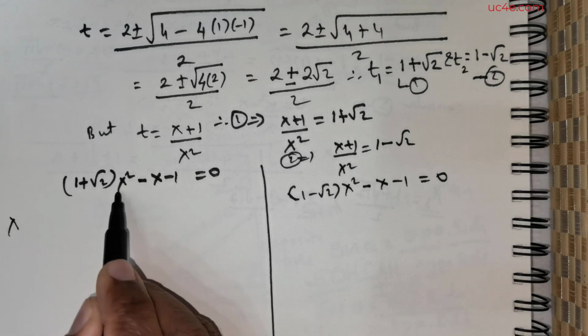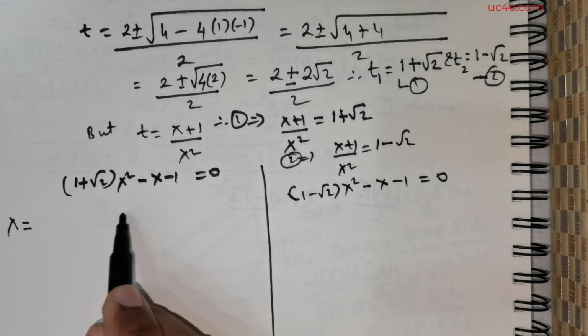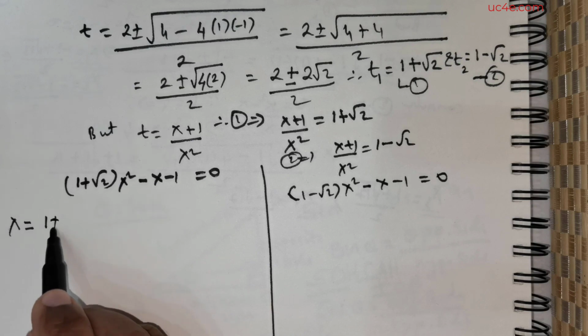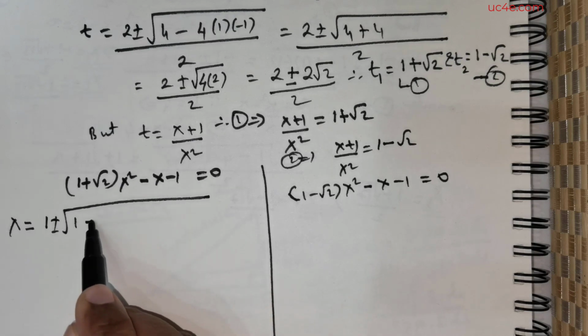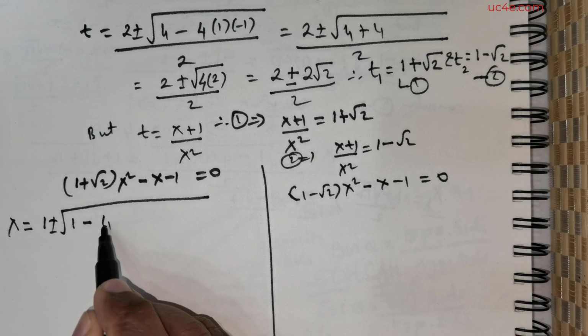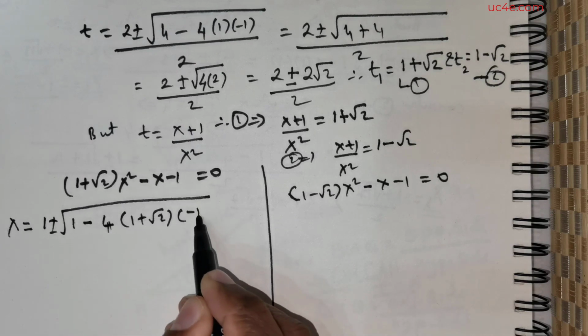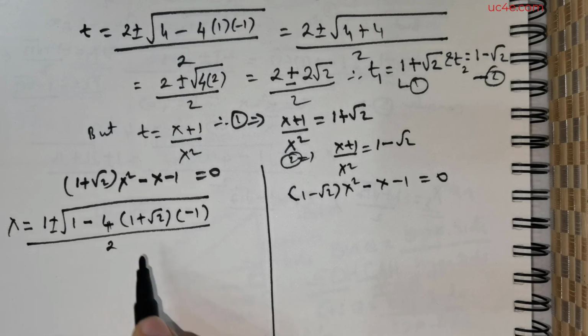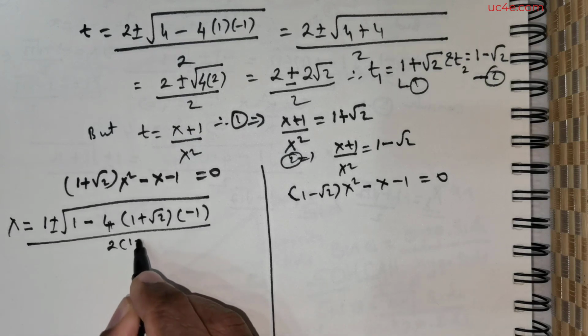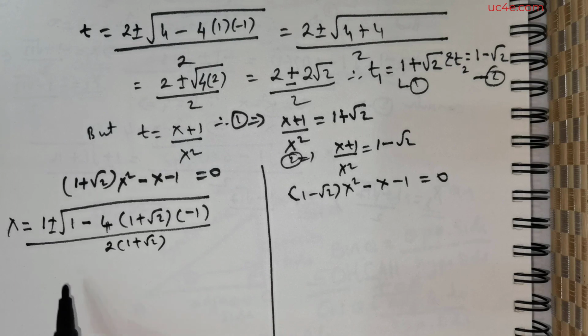Clearly it's a quadratic in x, so x is equal to -(-1), that's going to be positive, ± √(1 - 4 times my a, which is 1 + √2, my c is -1), divided by 2 times a, which is 1 + √2.